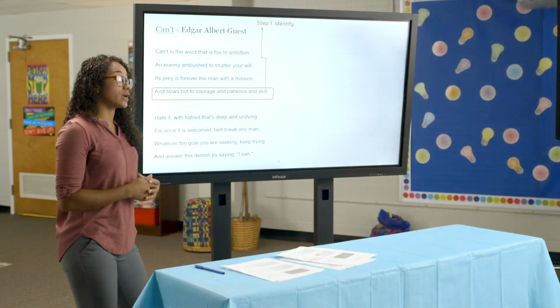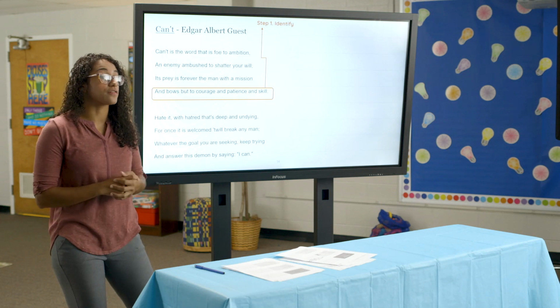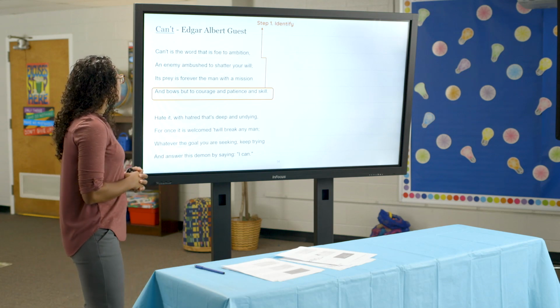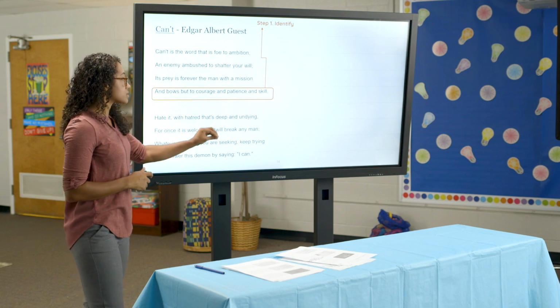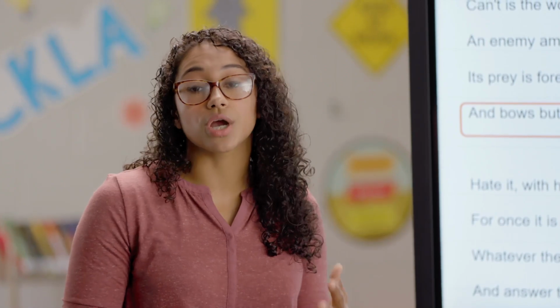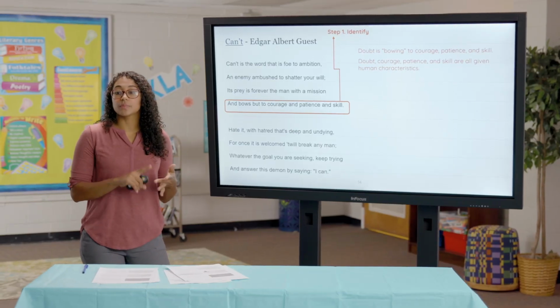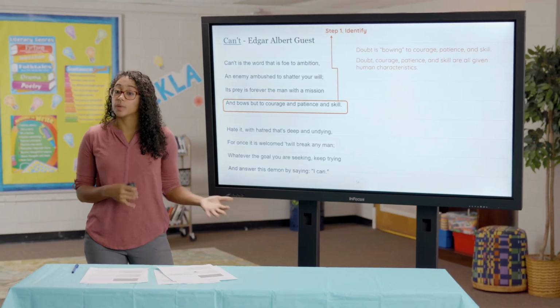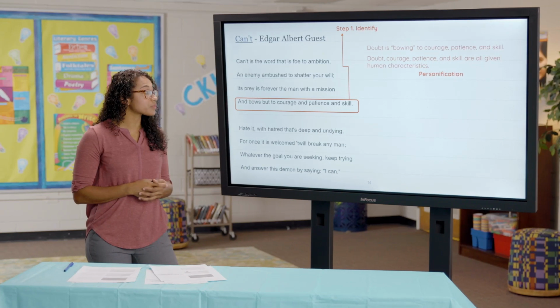All right, let's check your answers. Your first step was to identify the figurative language used. The author says, "and bows but to courage and patience and skill." So what's happening in this line is that doubt is bowing to courage, patience, and skill. So doubt, courage, patience, and skill are all given human characteristics, and we know that is personification.